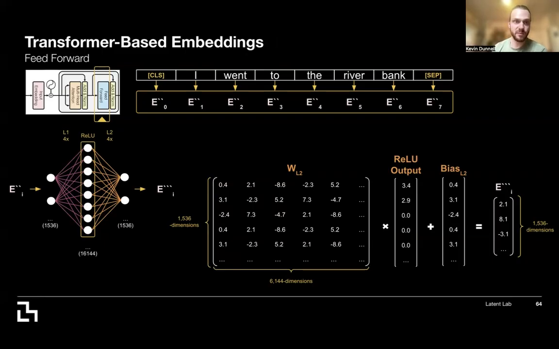And just to point out, this happens at a token embedding layer level. So there's no mixing between these tokens. There is a feed forward neural network per token coming in.